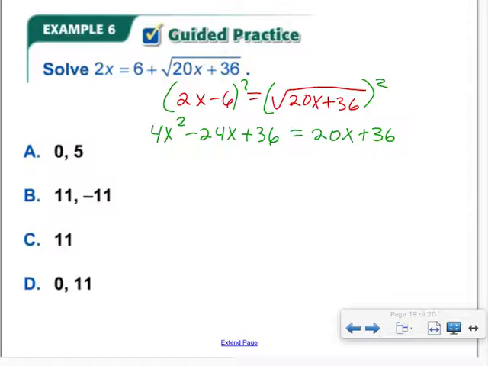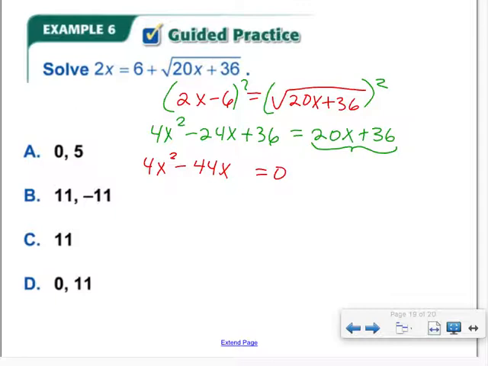So let's move these to the other side so that we can get it equal to 0. We're going to subtract 20x from both sides. We're going to subtract the 36 from both sides, which makes our life a lot easier when it comes to solving it, because it's just 4x squared minus 44x equals 0.